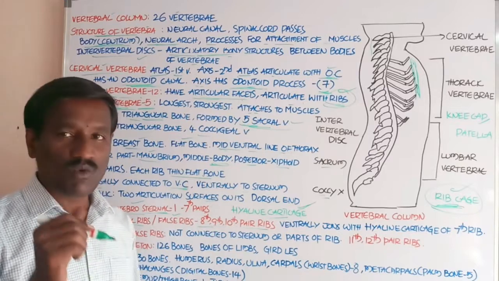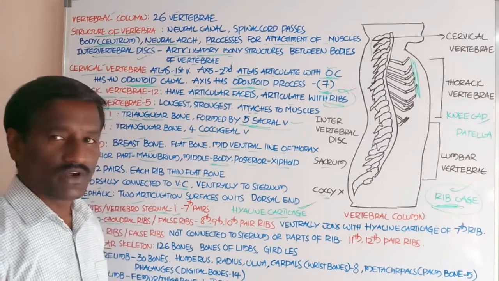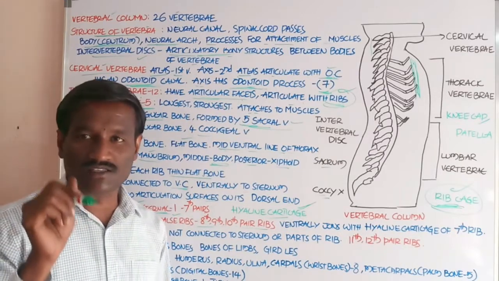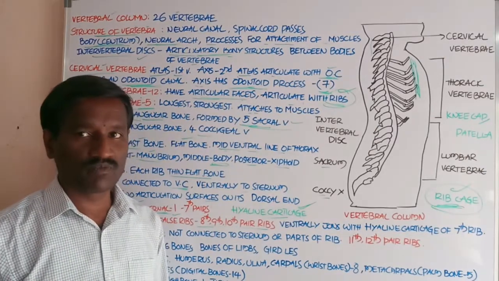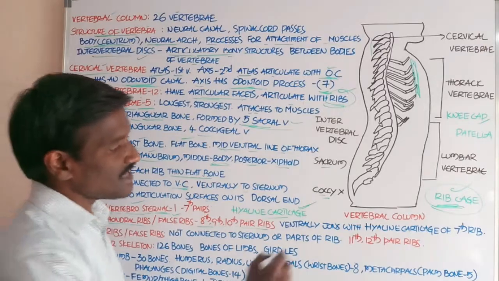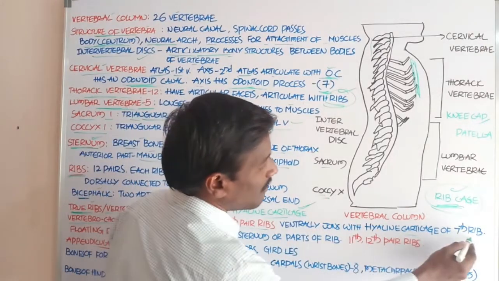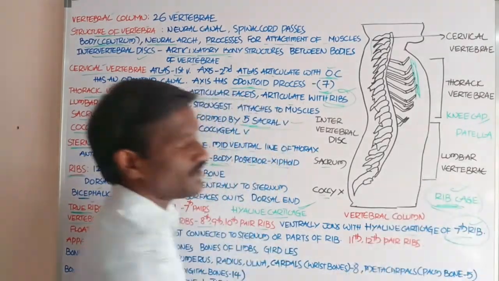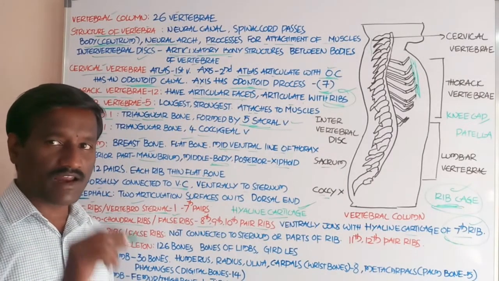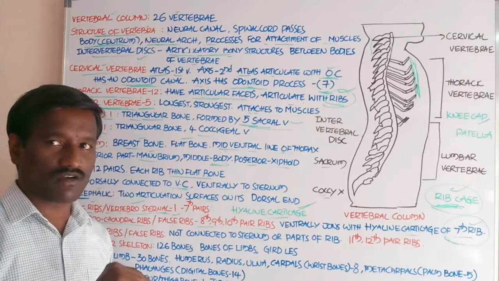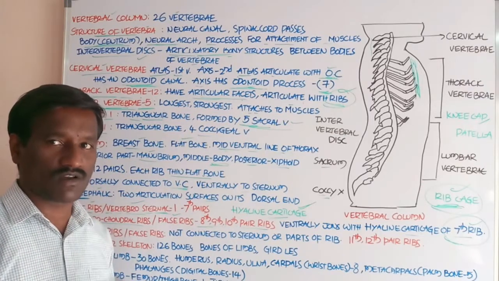Why are these vertebrochondral ribs? Dorsally they attach to the vertebrae of the vertebral column, and ventrally they join with the hyaline cartilage of the seventh rib. Hyaline cartilage is one of the three types of cartilage.